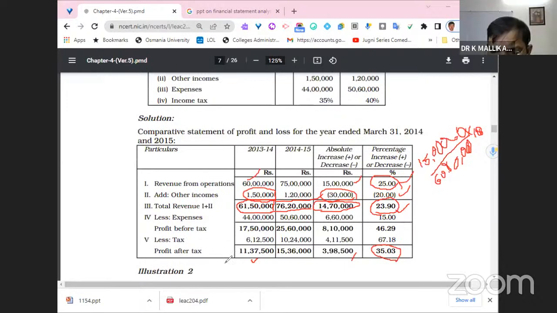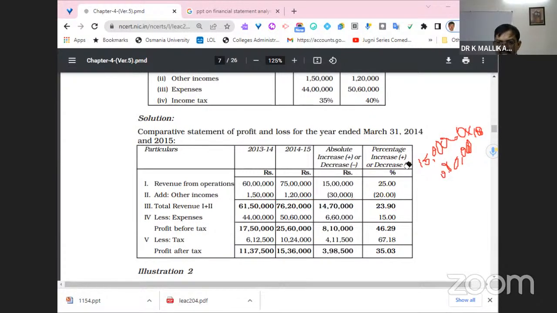The total profit increased by 35.03%, whereas your sales increased by 25%. So the profit increased more than sales. Why did the profit increase more than sales?